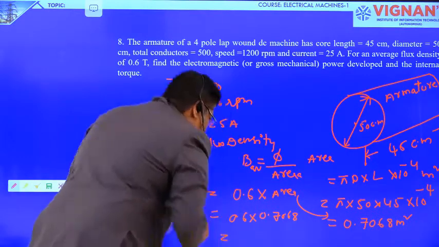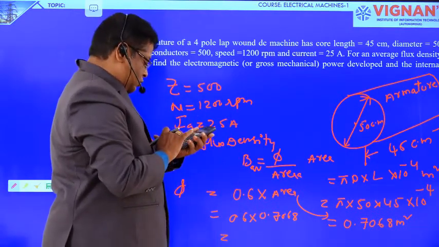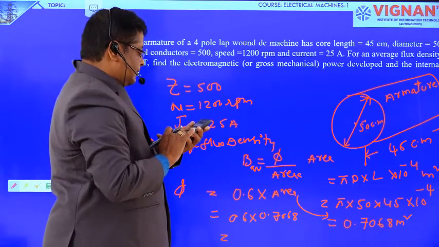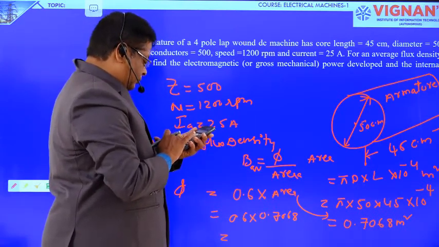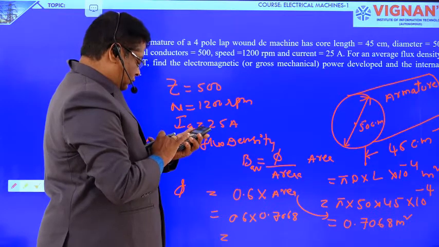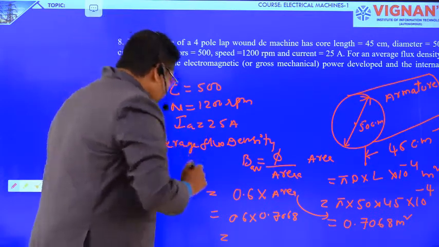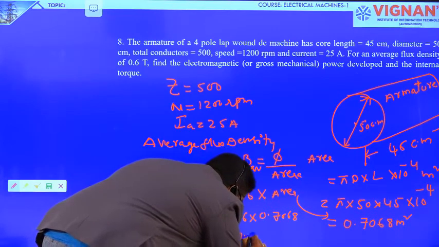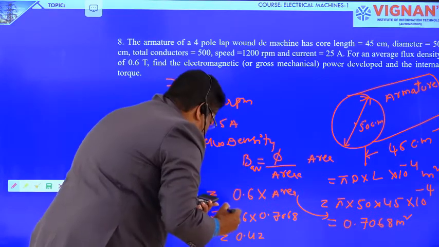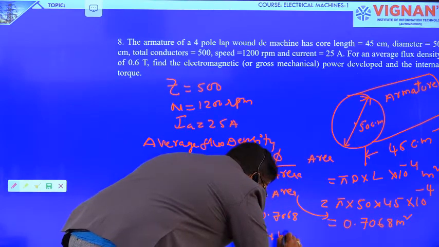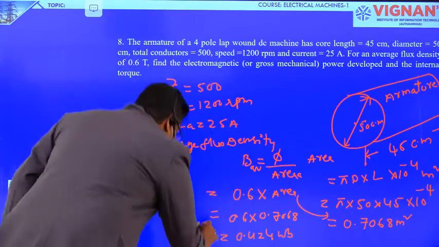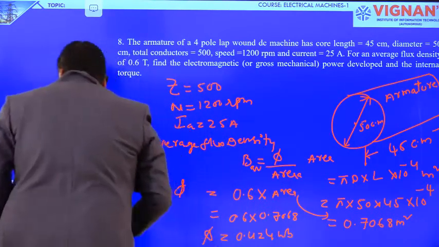Now we are getting the value in Webers, 0.424 Webers. Now initially we calculated the flux per pole.